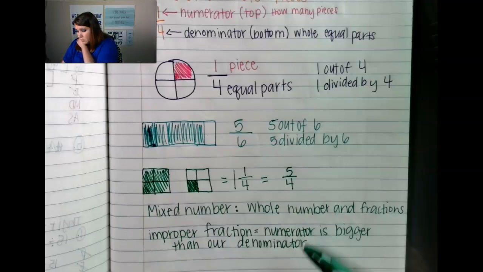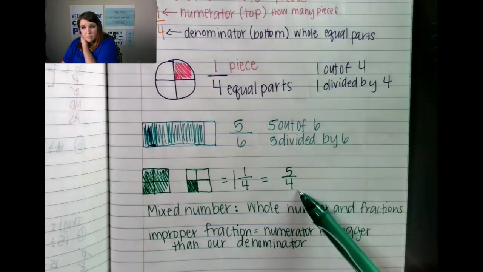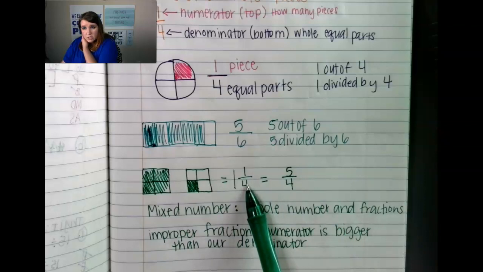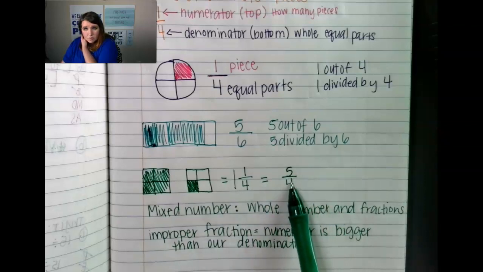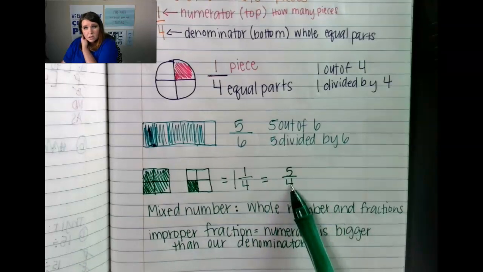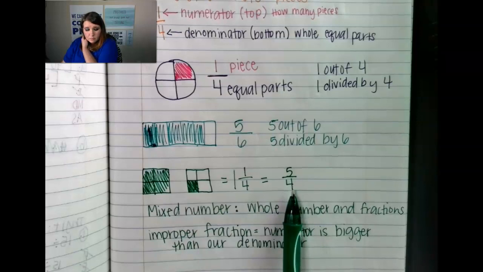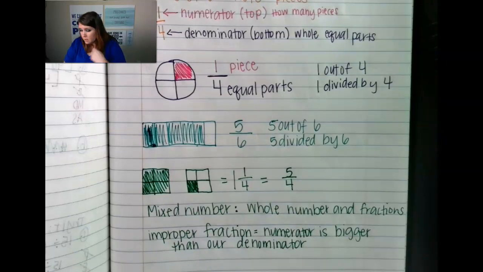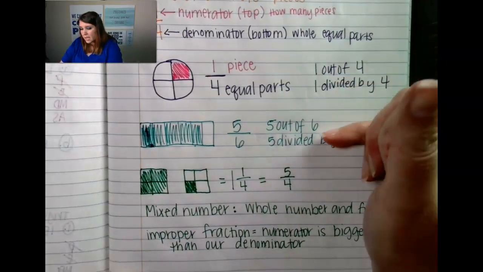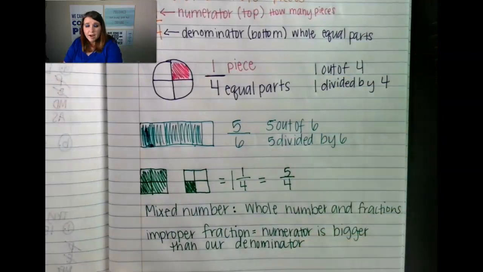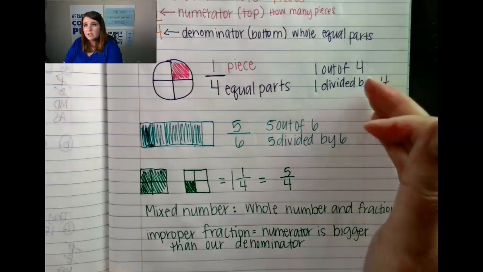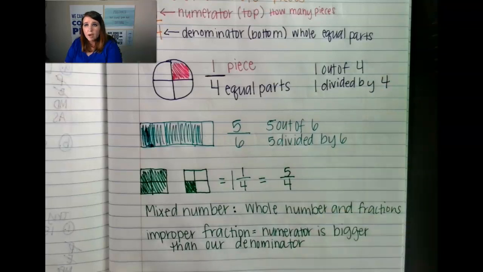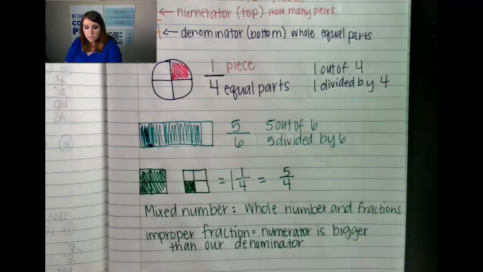So the top is bigger than the bottom. This fraction here is equal to this fraction. All of these are different ways to write fractions. All of these are different ways to write parts of numbers.